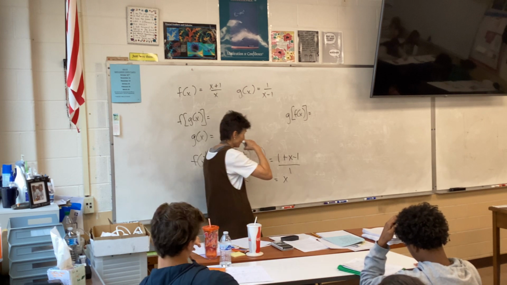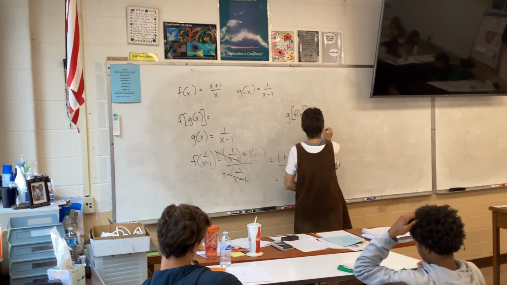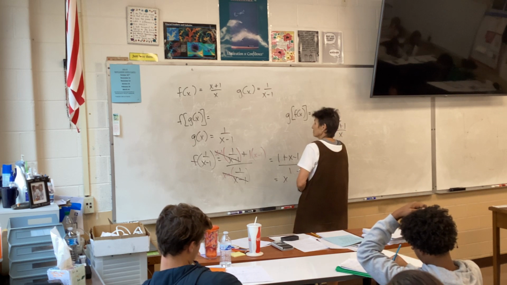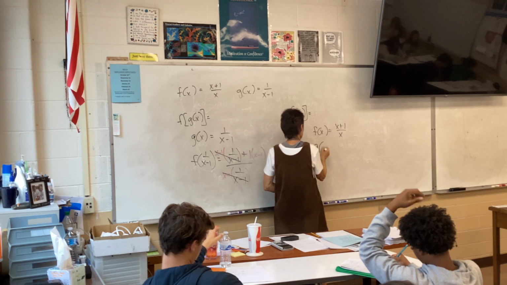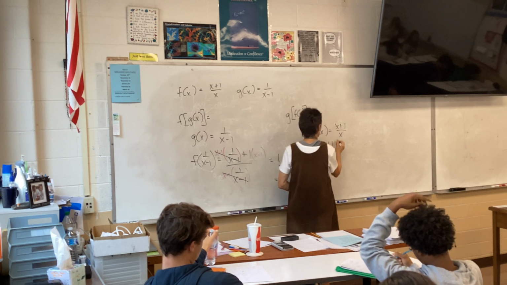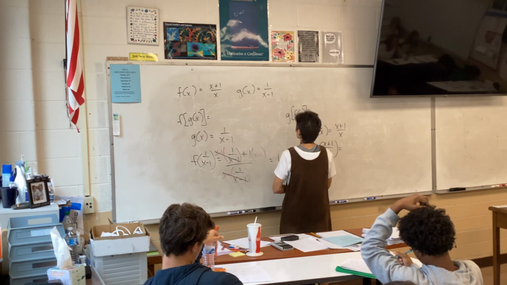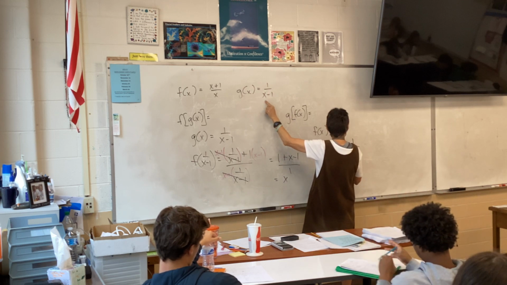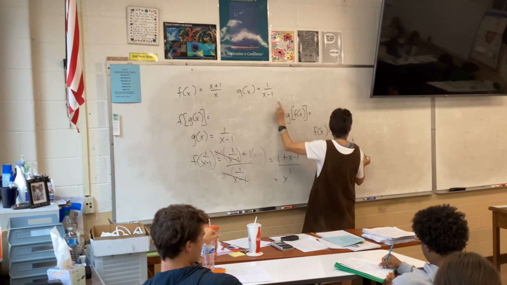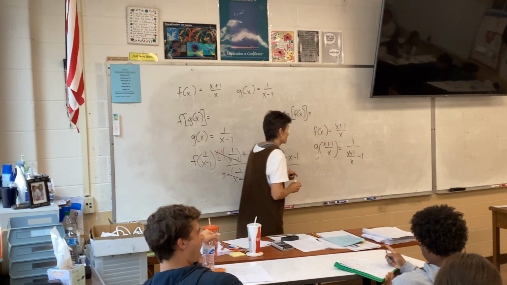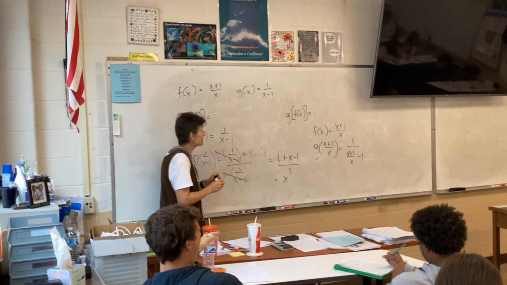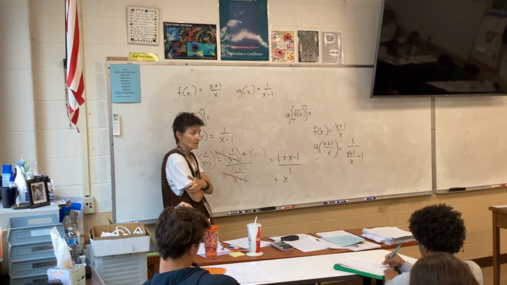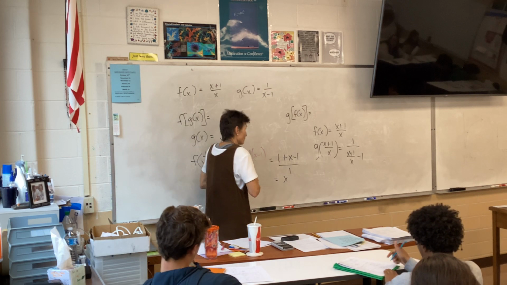Alright, I'm gonna do the next one now. So f of x is x plus 1 over x. G of that is 1 over x plus 1 over x minus 1. That is another complex fraction. Again, do whatever you want.